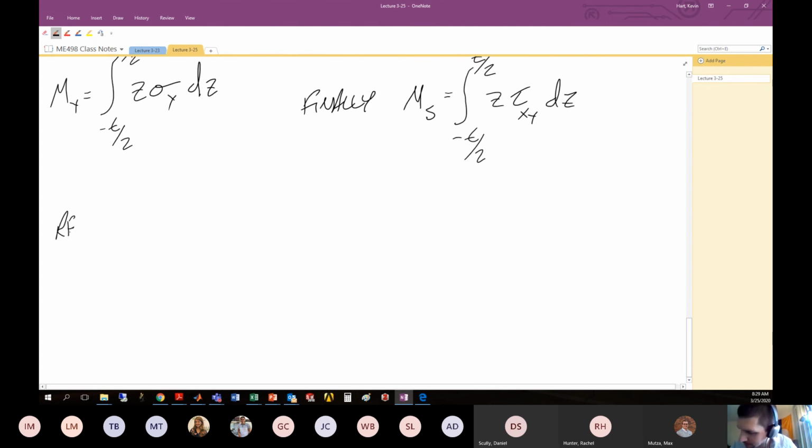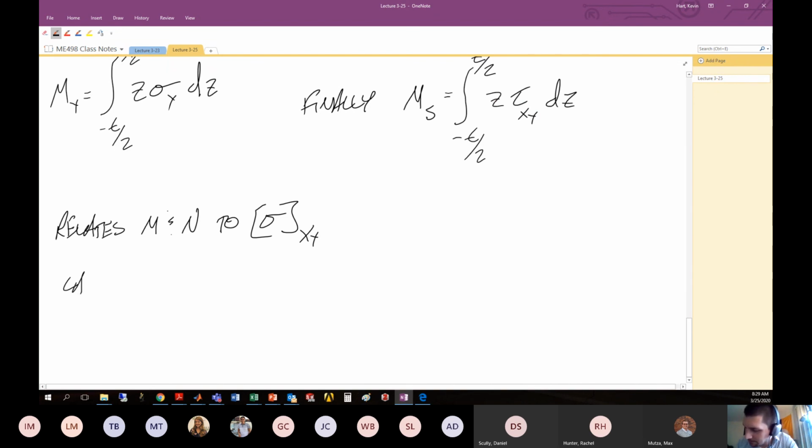So this relates M and N, which is the moment and the force, to sigma, tau xy, sigma x, and sigma y. All right.